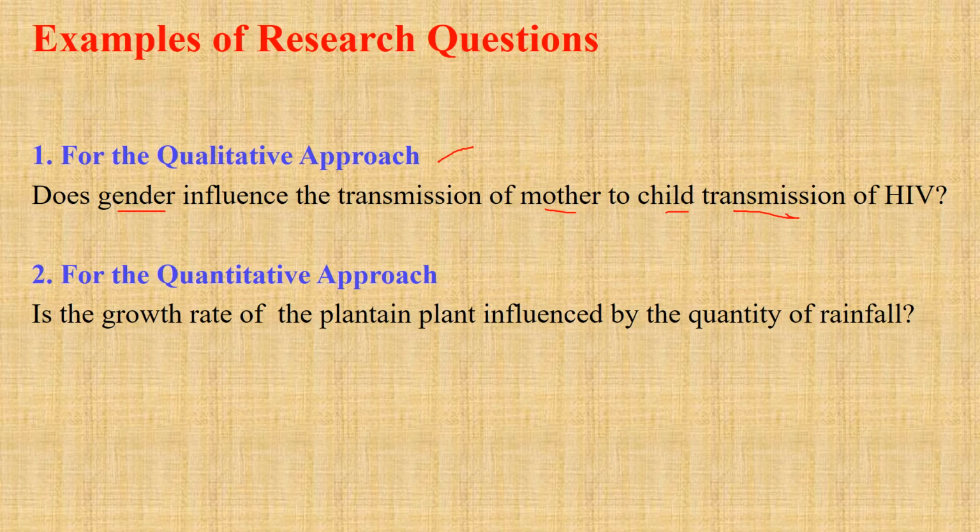So what are the parameters that we will have to measure here? We'll have to measure gender, and we'll also have to measure the HIV status of mothers and children.